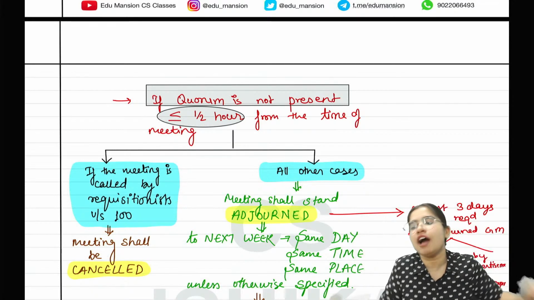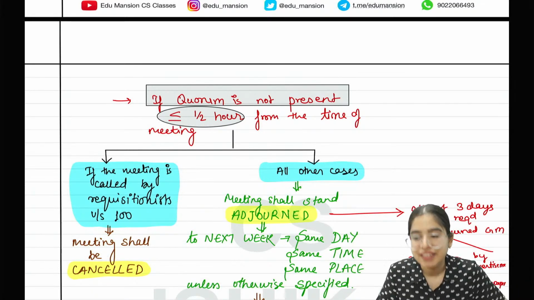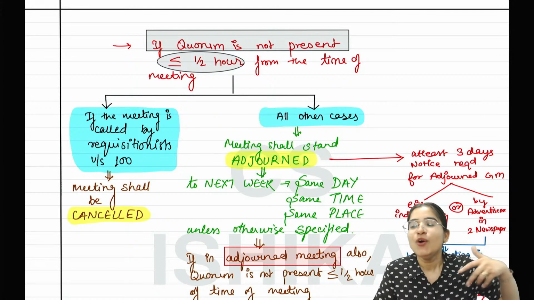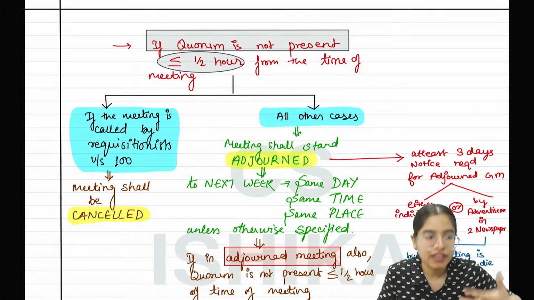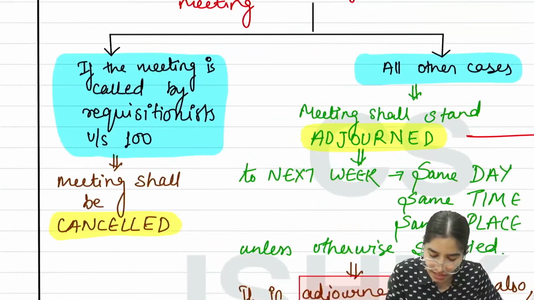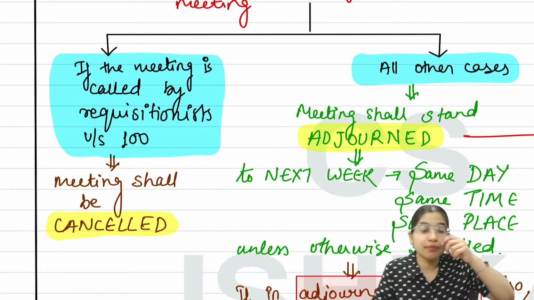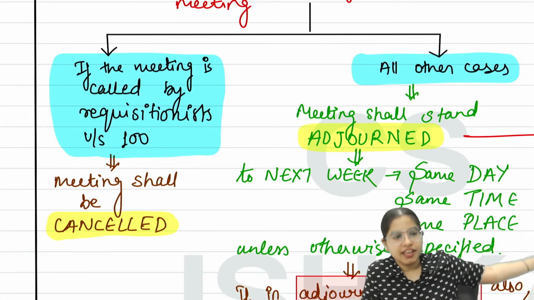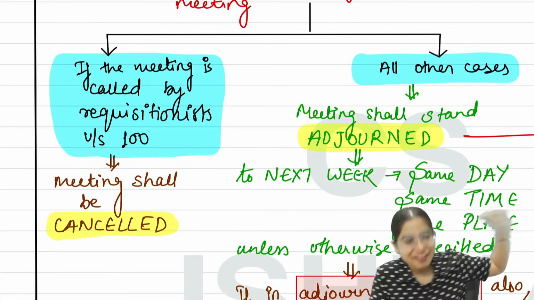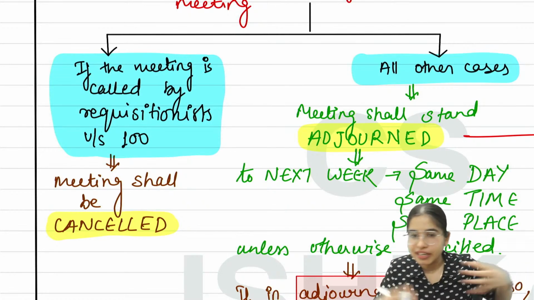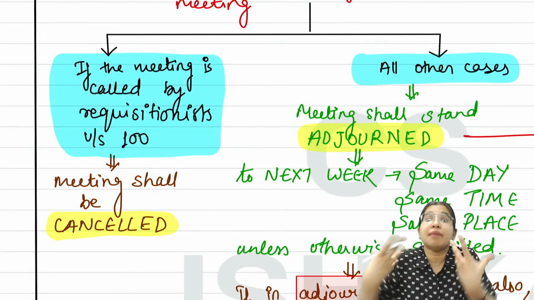And if even within half an hour the quorum is not present, then what will we do? We will see who has called the meeting. If the meeting is called by requisitionists, remember, day before yesterday I told you that if the board is not calling the meeting, then shareholders, the requisitionists, can themselves call the meeting.